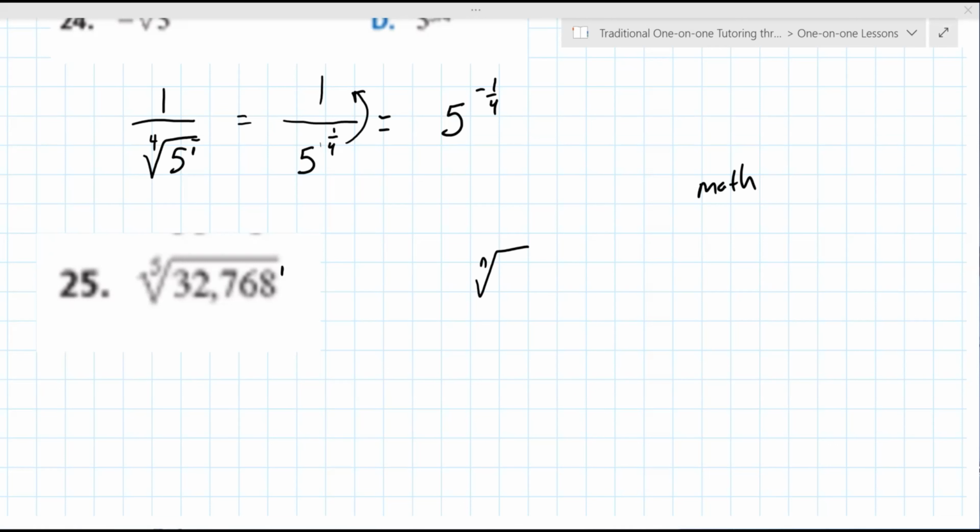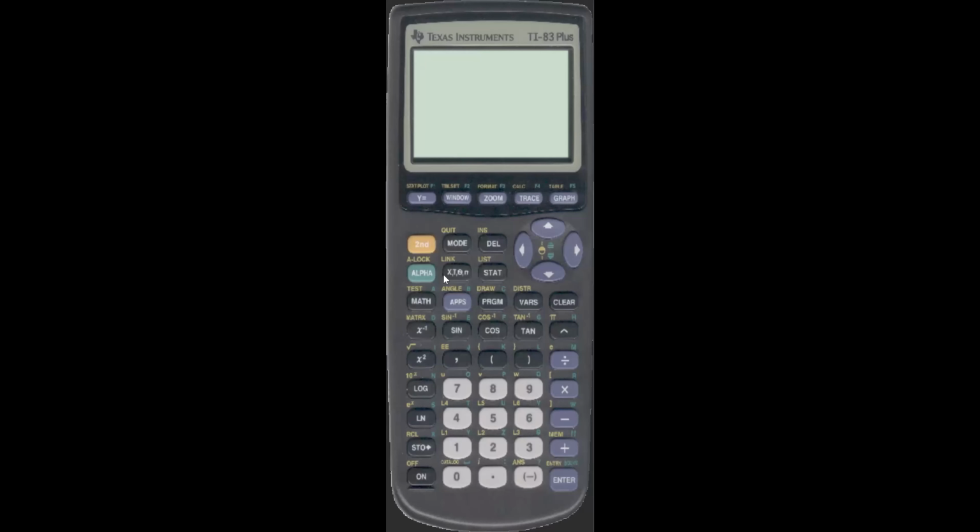Let me show you how I would work this problem out. There's a couple of options here. If you go to math, it says X root X there. What you're supposed to do is actually put the X in first, so it's 5 and then the X root of that. I don't like that because it gets confusing. The other thing you could do is use the exponent form that we've been talking about.